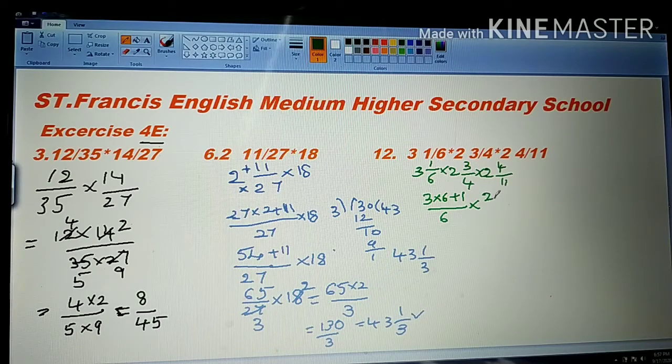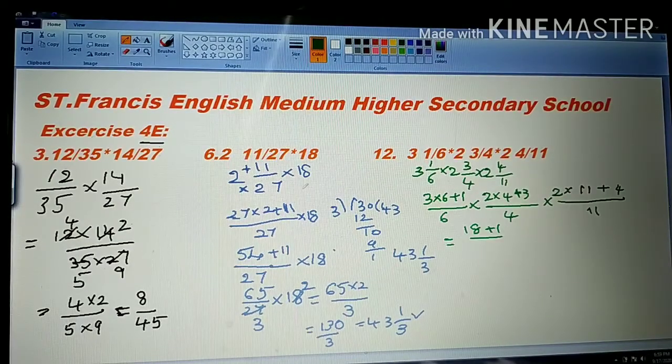Again 2 into 4 plus the numerator, divided by 4, into... so 2 into 11 plus.